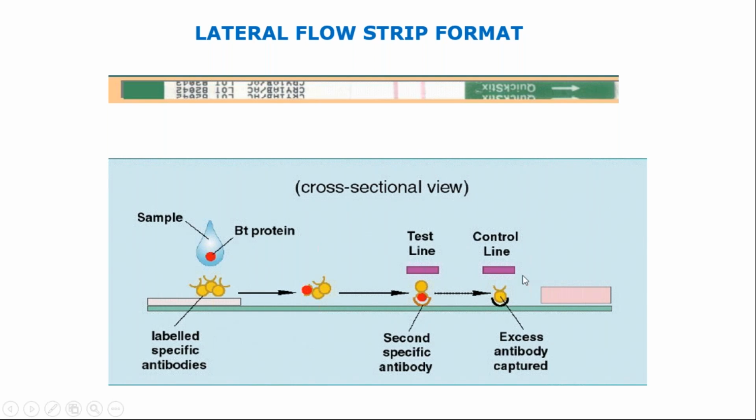So the lateral flow strip format is designed in such a way to tell you whether the strip is working or not. If you have a positive, you get 2 lines.